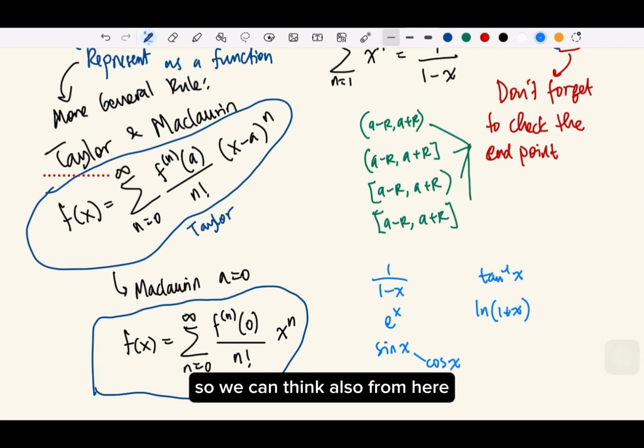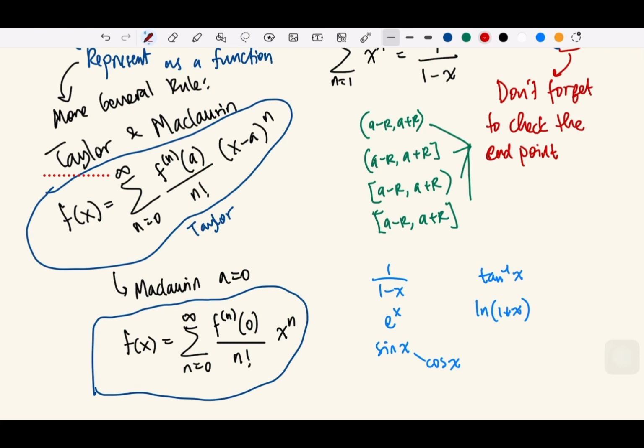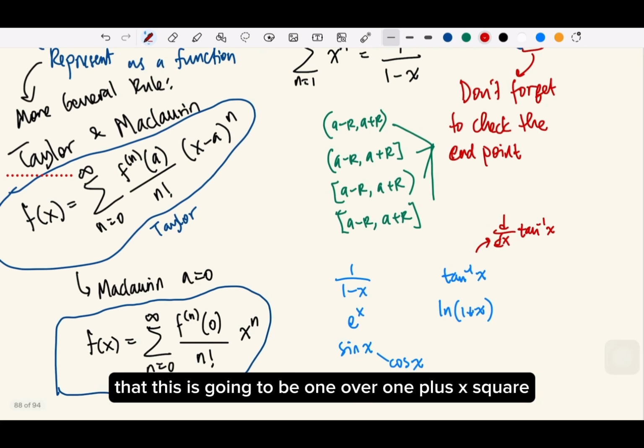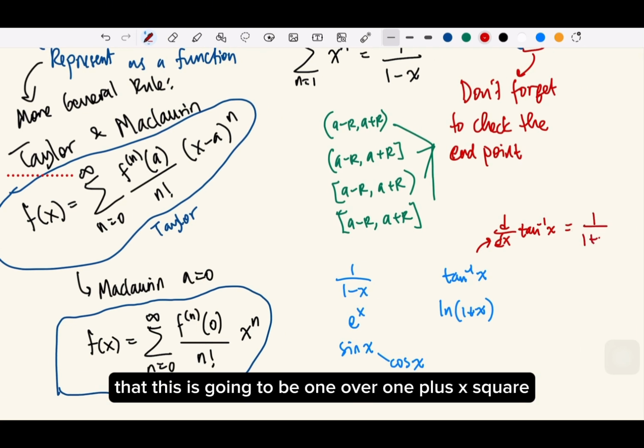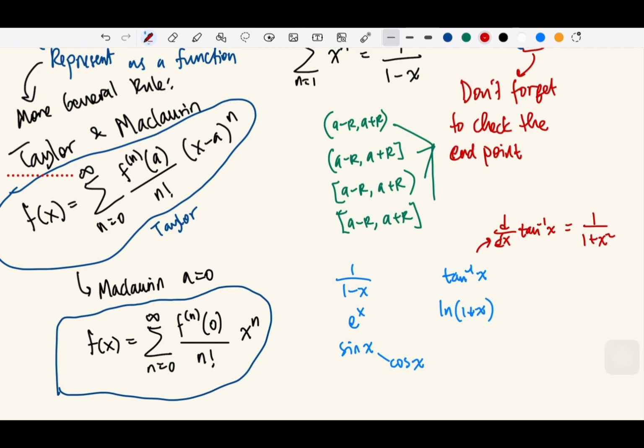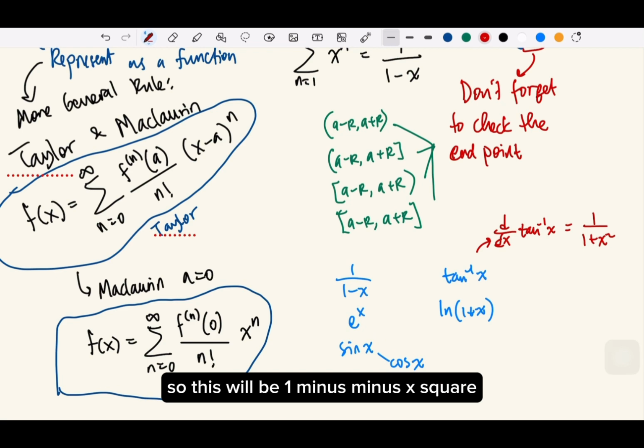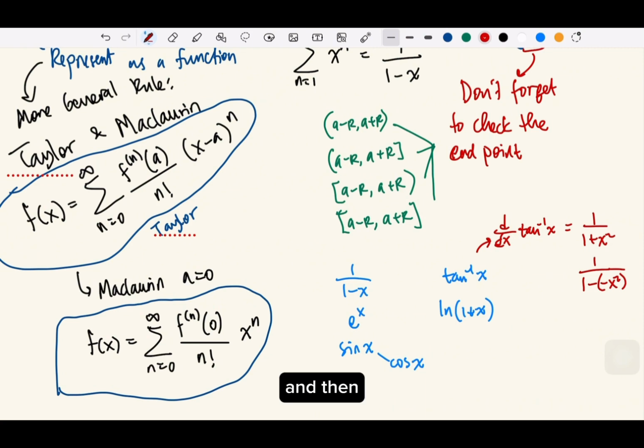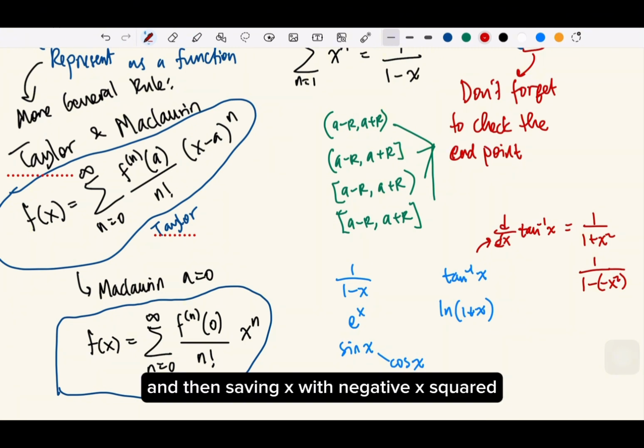So from here we can write this one, exchanging x with negative x squared.